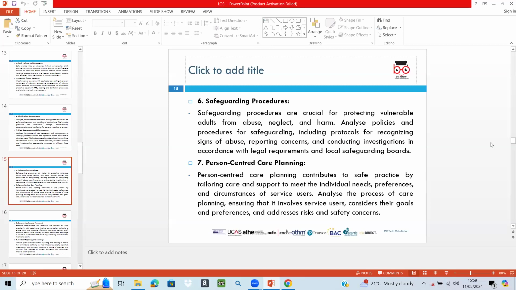And by ensuring that care plans are tailored to the unique needs and requirements of the service user, as caregivers we can enhance the quality of care provided while prioritizing their safety and well-being. So these all are the important aspects.